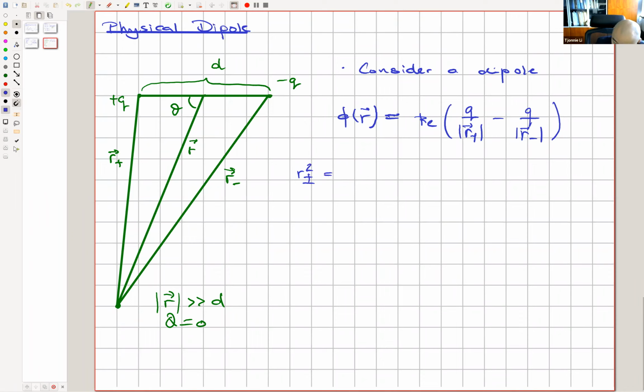squared is R squared plus, in this case, this distance here, of course, is just D over 2. This is D over 2. So indeed, I get D over 2 squared minus plus R D cosine theta. Okay.